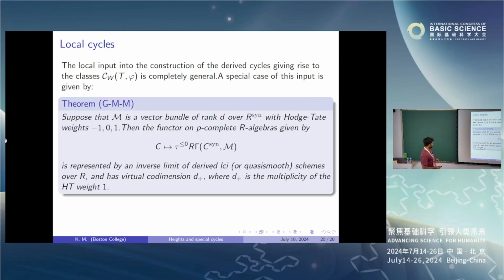This is a complicated looking theorem, but what it's basically saying is that this idea of cycles arising by taking sections of bundles does work locally. You take a bundle of rank d over this complicated stack, with some conditions on its Hodge-Tate weights, and you take its cohomology, which amounts to taking its sections.